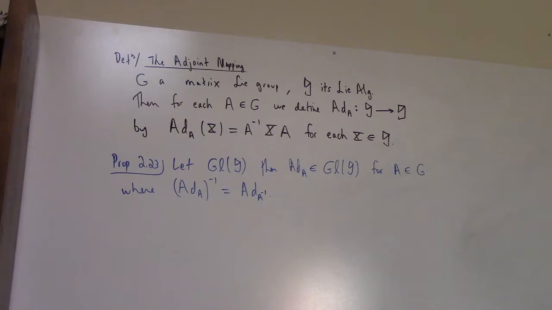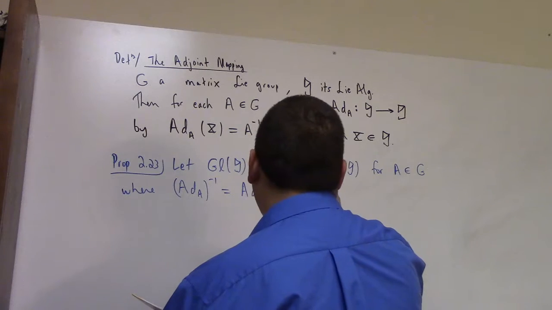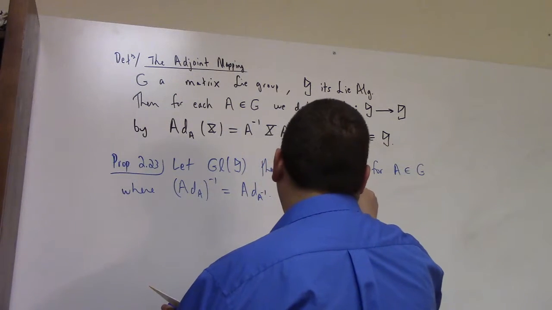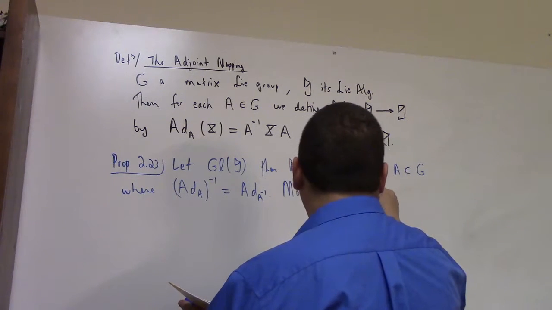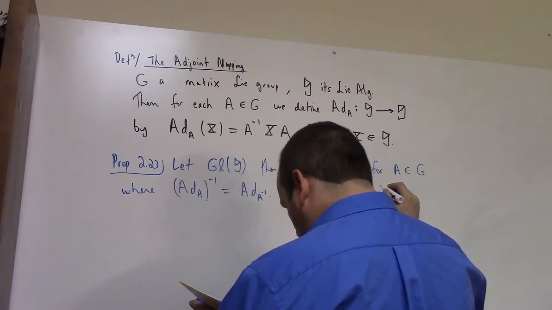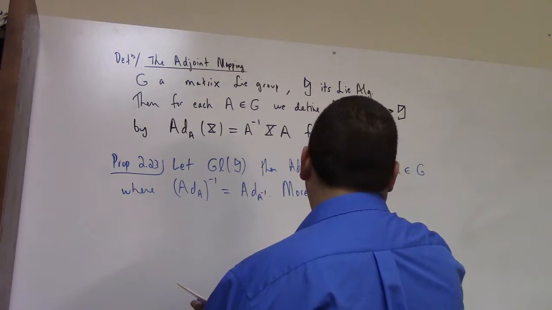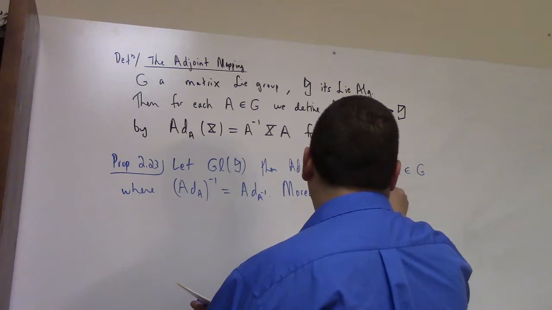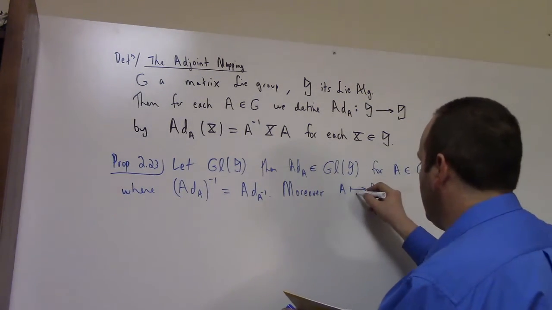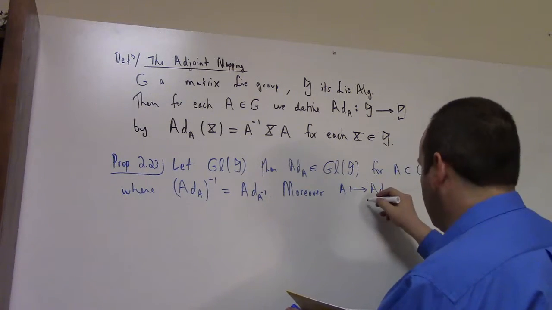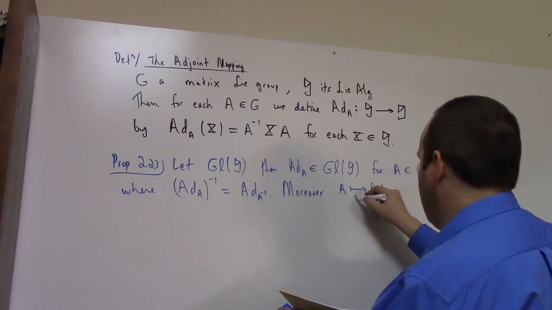And more than that, the map A maps to Ad A is in fact a group homomorphism of G into GL(frak G). So you have to strip off the A. Rather, we should think about A maps to Ad A as this assignment, if you call it, say, I need some other letter, eta.